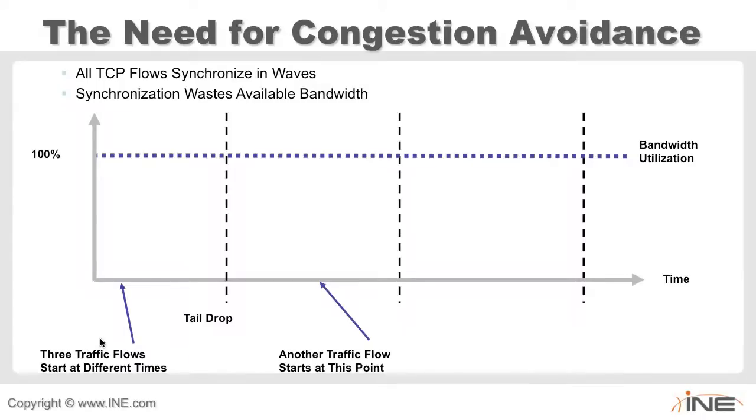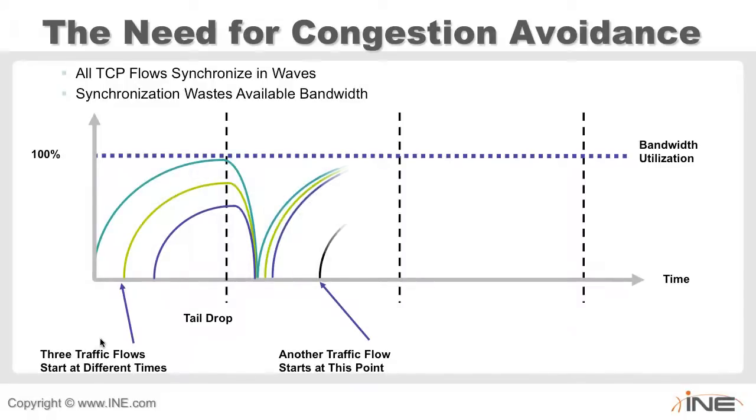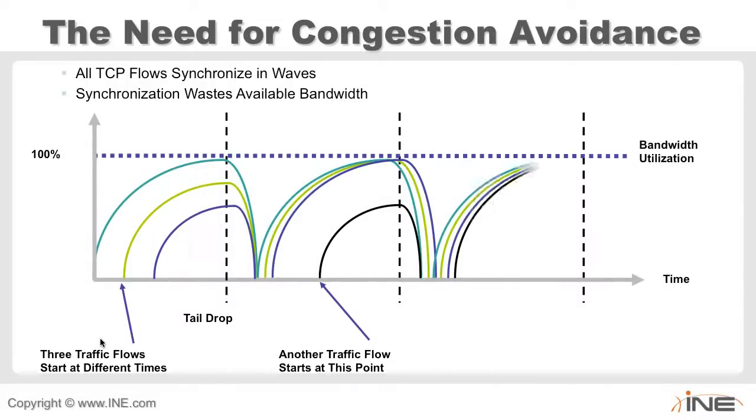So the problem with this is the utilization. So here is 100% of the available bandwidth. These three flows sync up by the second interval, just a given interval. And by the third interval, all four TCP flows have synced up.